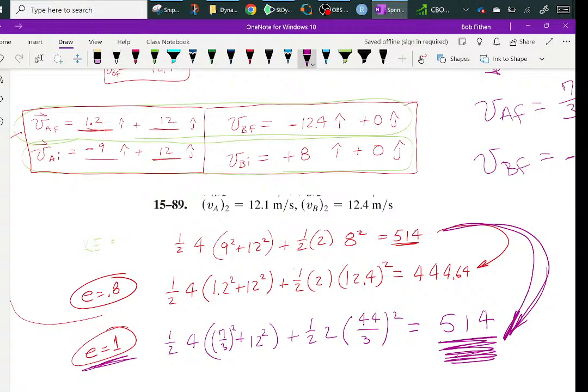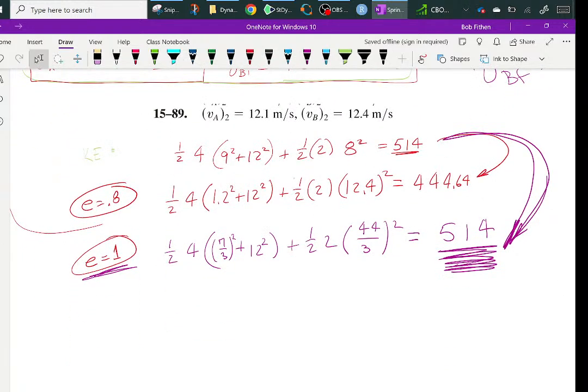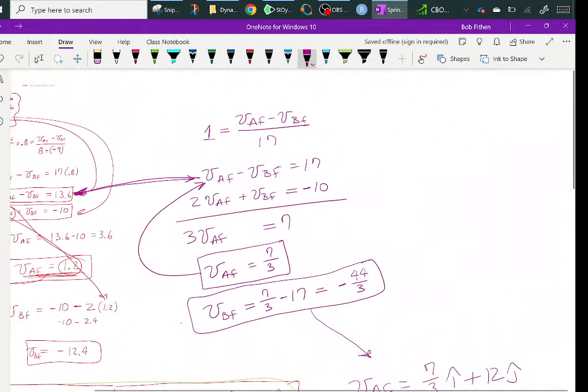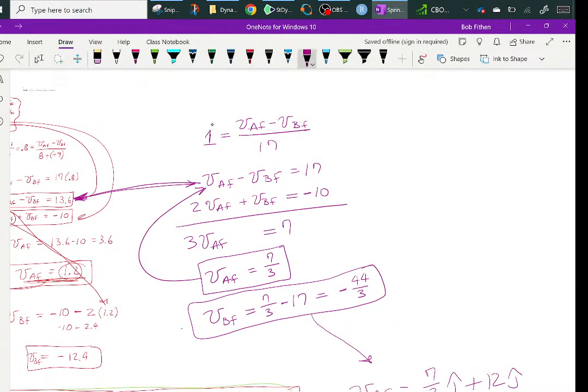So then the other scenario would be, what's the worst case scenario? e equal to 0. And you're not going to drop to 0. The energy is not going to drop to 0. But in this case, I got to go up and do this again. But this time I get nothing right there.